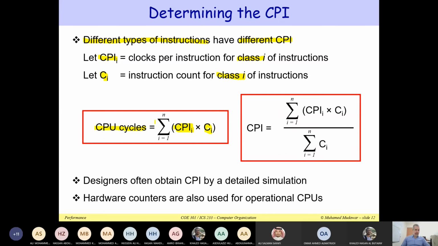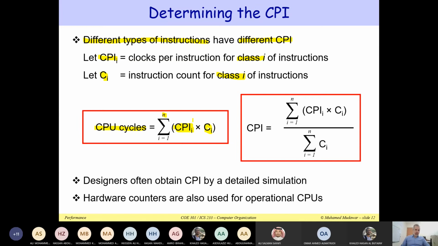This is the meaning of the sigma notation here. Basically, we multiply CPI sub i by the count C sub i, and then we add across all the classes of instructions. If I have n classes, we have to take the sum of all of these terms to get the total number of CPU cycles. That's how we count the number of CPU cycles.